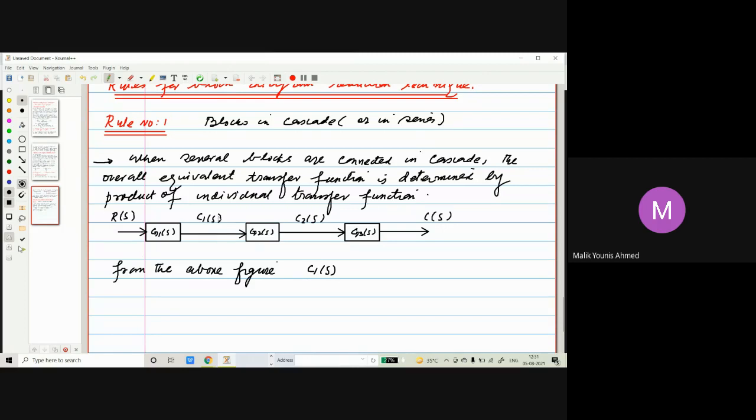First, take the first block now, one by one. Take the first individual block like this. Now, output is C1 of S, input is R of S. So here we can write C1 of S divided by R of S will be equal to G1 of S very clearly. Let's call it equation number 1.